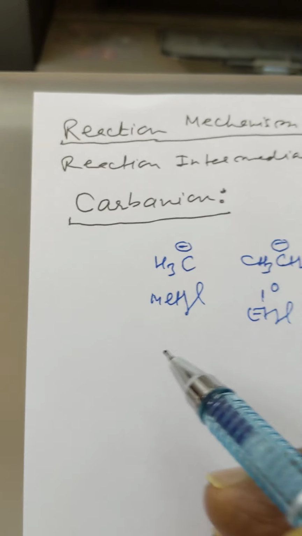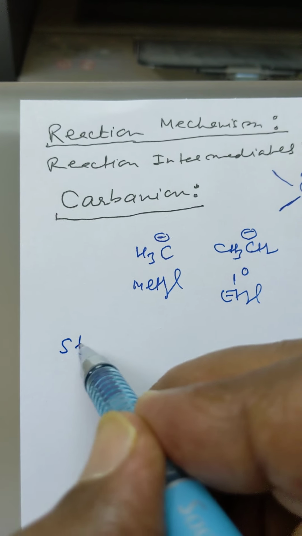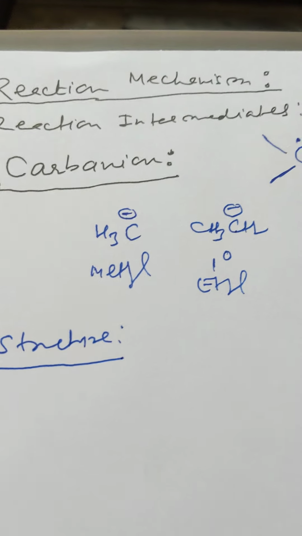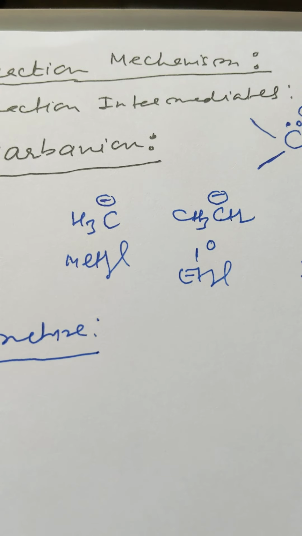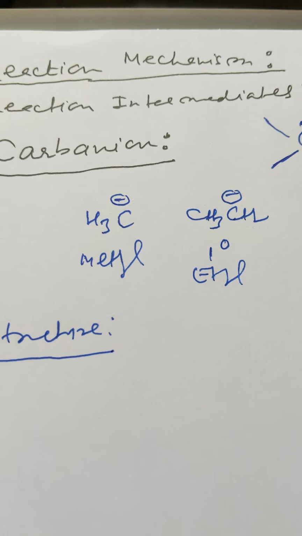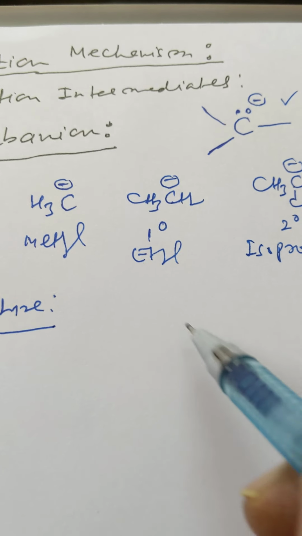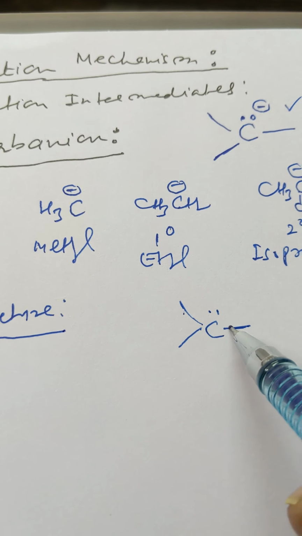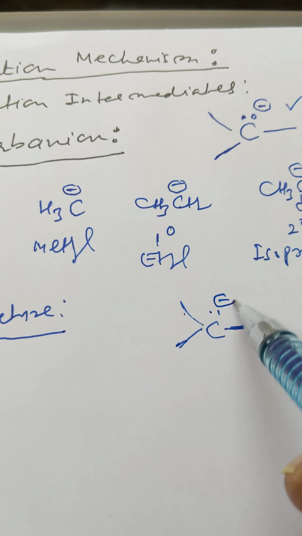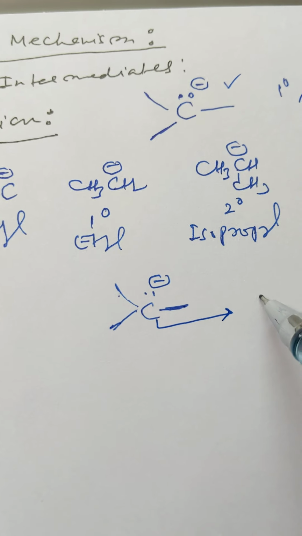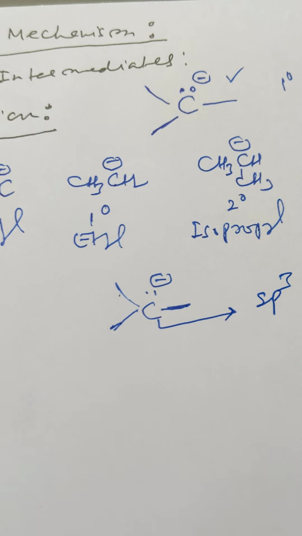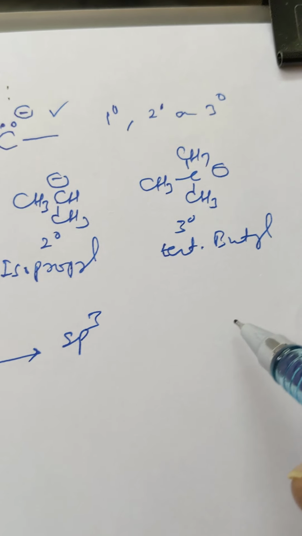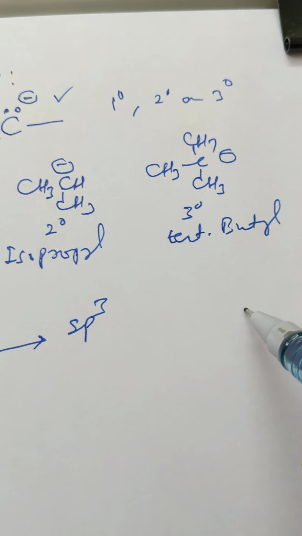Okay. After that, let us see what about the structure of carbanion. Next हम देखते हैं कि carbanion का structure जो है वो कैसा होता है. अब इसके अंदर आप ध्यान से देखिए कि जो this carbon is carbanionic carbon, negatively charged carbon. Now this carbon is sp3 hybridized. कैसा होगा? This carbon is sp3 hybridized. sp3 hybridized means it will be having 4 orbitals.